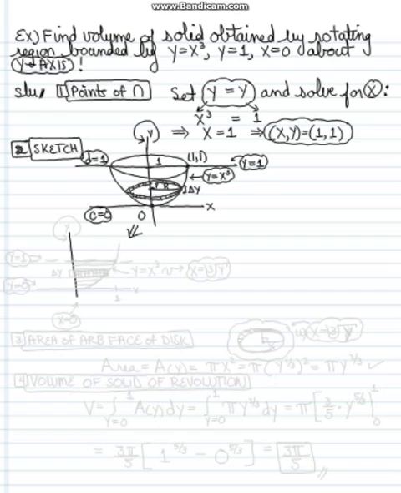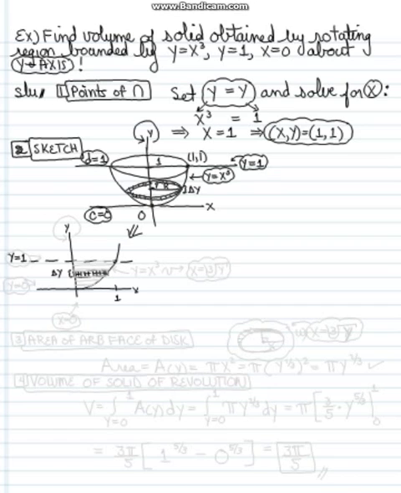Okay, so let's see what this picture looks like in two dimensions. Here is the line y equals 1, and here is a portion of the graph of y equals x cubed. I'm only interested in the first quadrant again. That is y equals x cubed in the first quadrant.